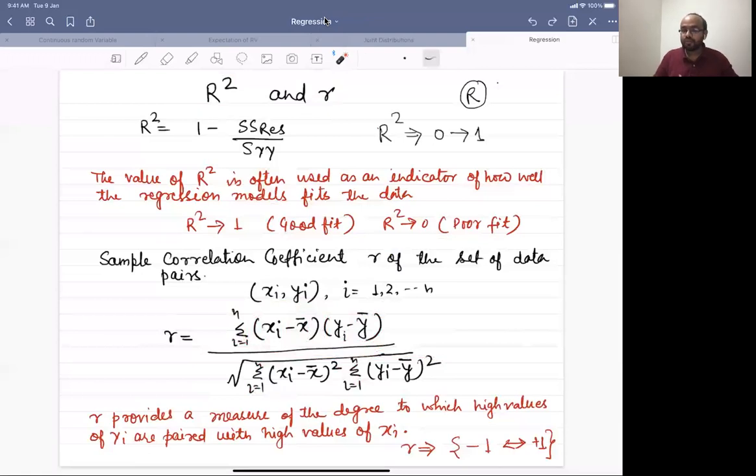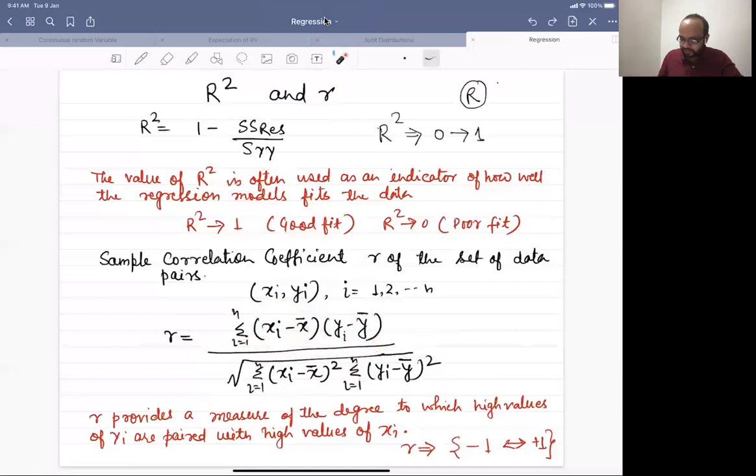That means they are moving in the same direction. Higher xi is correlated with higher yi. If their movement is in the negative direction, then this quantity will be negative.